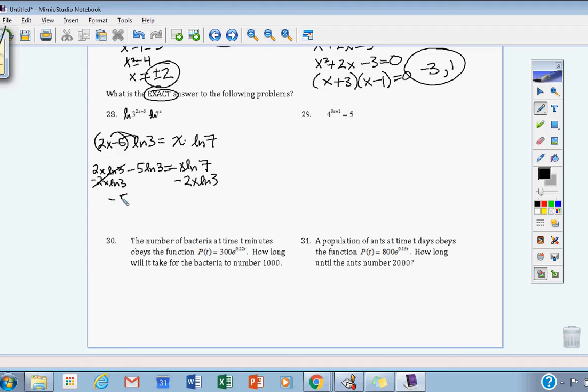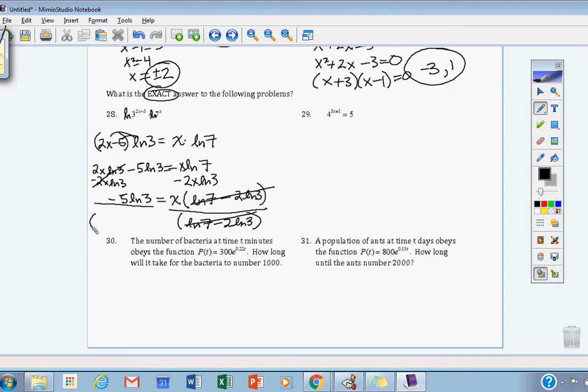Well, now I have -5 natural log of 3 equal to, and then we're going to factor out an x. So that will leave natural log of 7 minus 2 natural log of 3 because we want the x by itself. Divide both sides by the natural log of 7 minus 2 natural log of 3 so that those cancel.